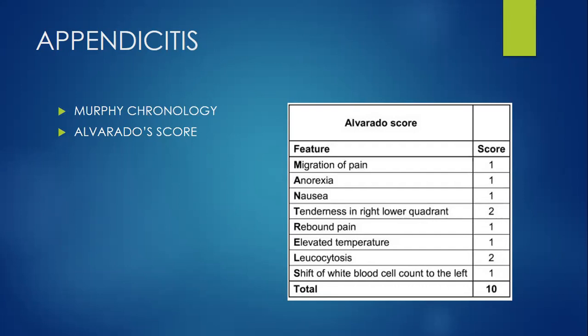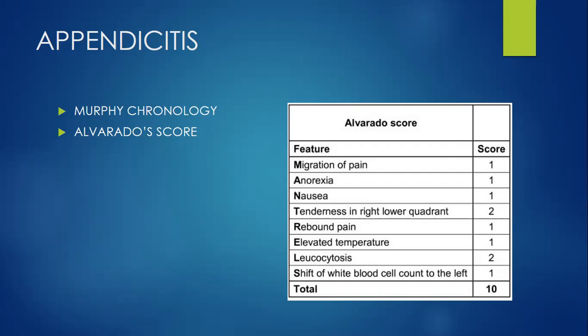Pain, non-defined pain. I mean, it is not very defined where it actually is because it could be the whole abdomen. Then the patient feels nausea and then starts throwing up, and then the pain goes into the lower right quadrant. That would be Murphy's chronology.